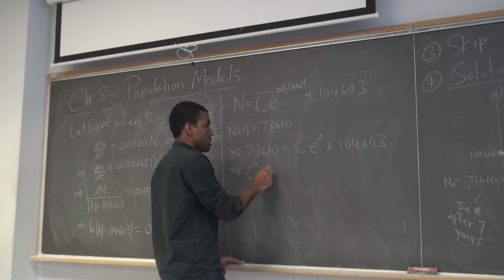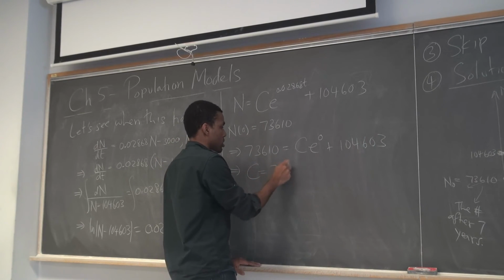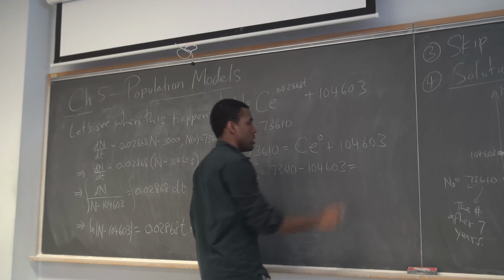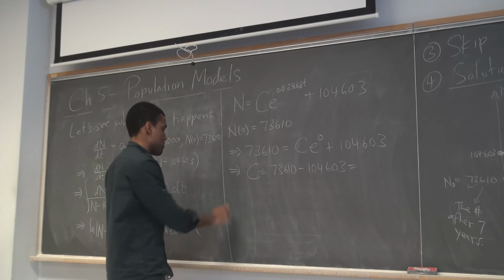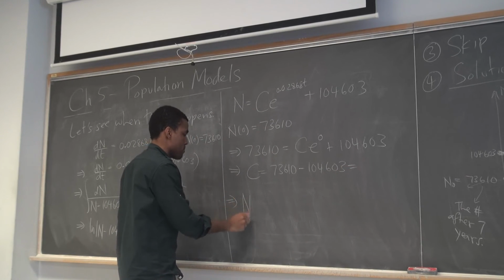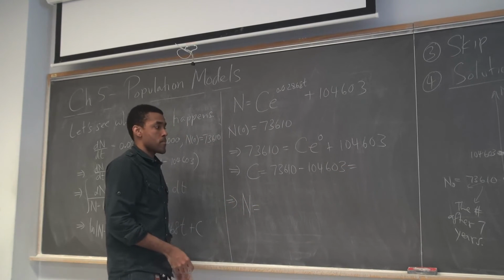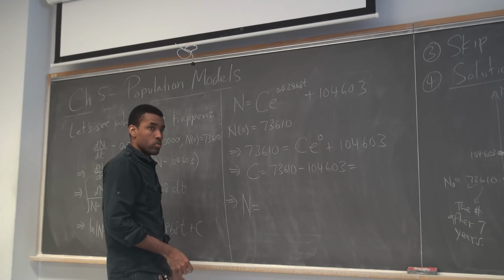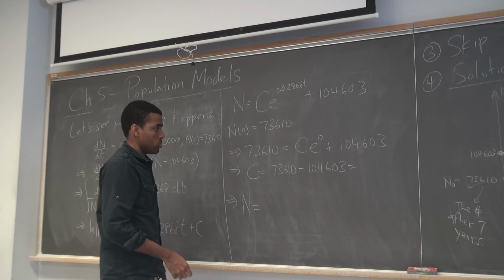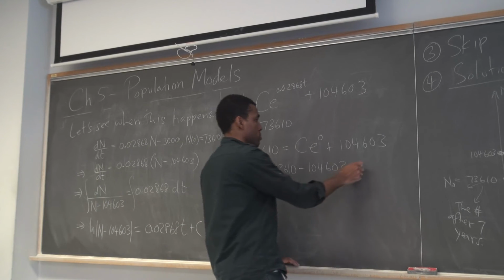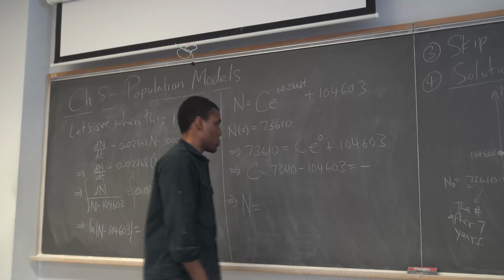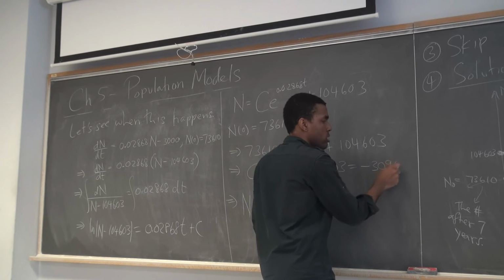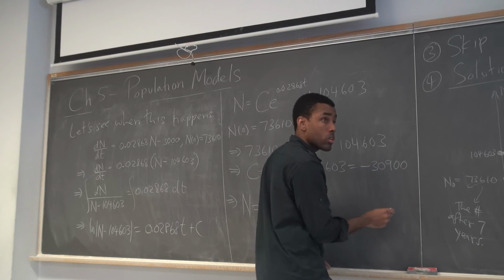This means that C is equal to 73,610 minus 104,603, and that's what? Negative 30,993.